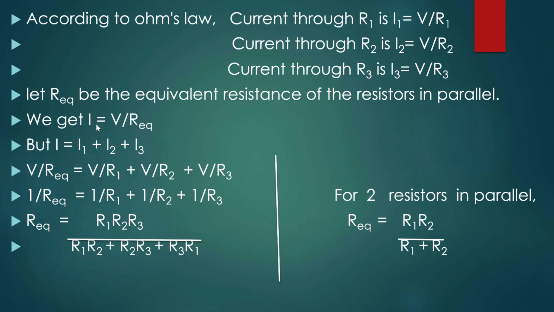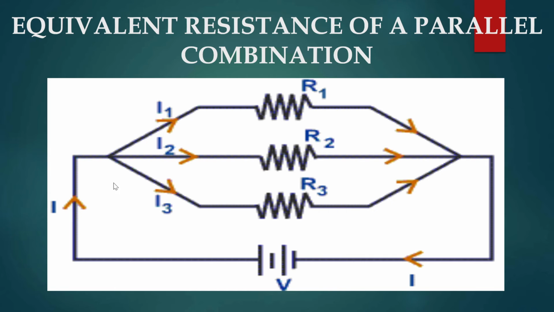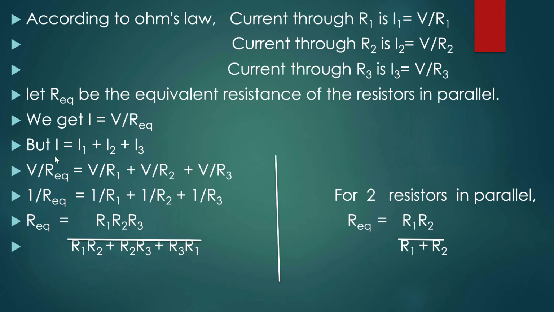Now let R equivalent be the equivalent resistance of the resistors in parallel. But we know that I is equal to V by R equivalent. But what is I? I is nothing but the sum of the individual currents. Just look at the circuit diagram again. The current I is the sum of the individual currents flowing through these three paths. So I is equal to I1 plus I2 plus I3.